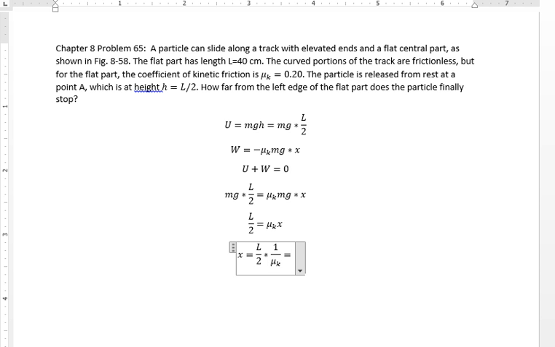Let's take a look. This is going to be 40 centimeters divided by 2, times, what is it, 0.2, equals 40 centimeters divided by 0.4, right?